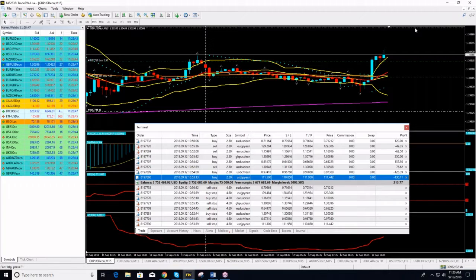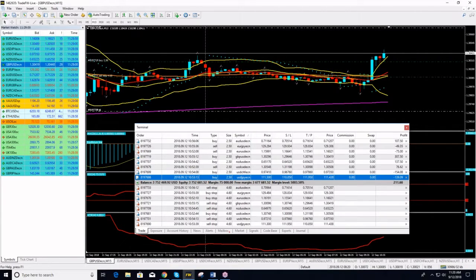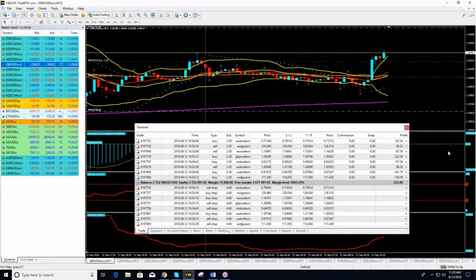Also, if you have an opinion which is contrary to us, maybe you didn't go long pound dollar, you went short, I would love to know the logic behind it and the stop loss and the take profit levels in order to analyze them together and give you a much better, clearer picture of the position you have taken. That would be really great to have a discussion here.